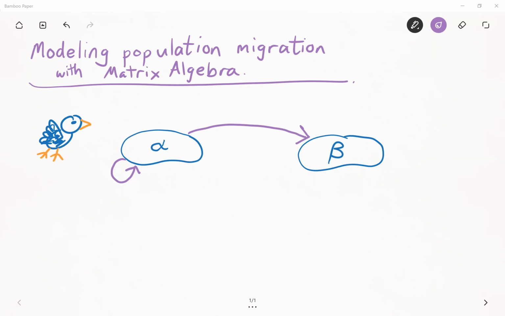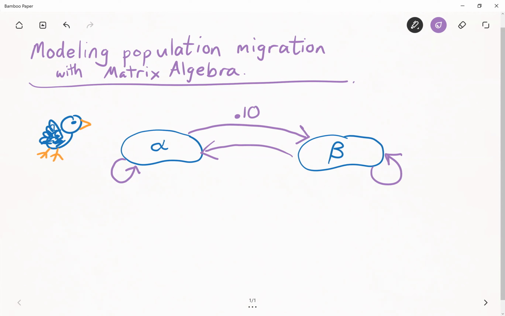Similarly, each year, some of the population that's currently residing in area beta migrates to area alpha. And similarly, some of the population stays in area beta. So we have some percentages in each of these cases. So for example, maybe 10% migrates from alpha to beta every year.